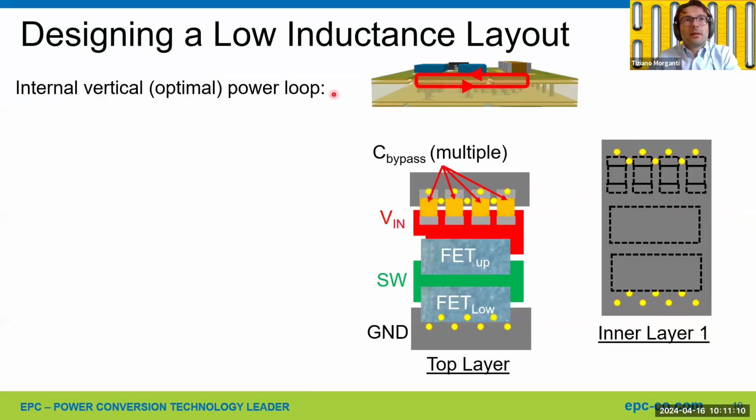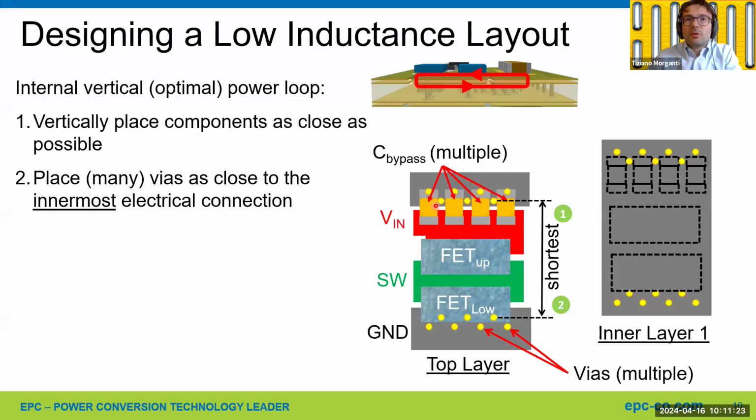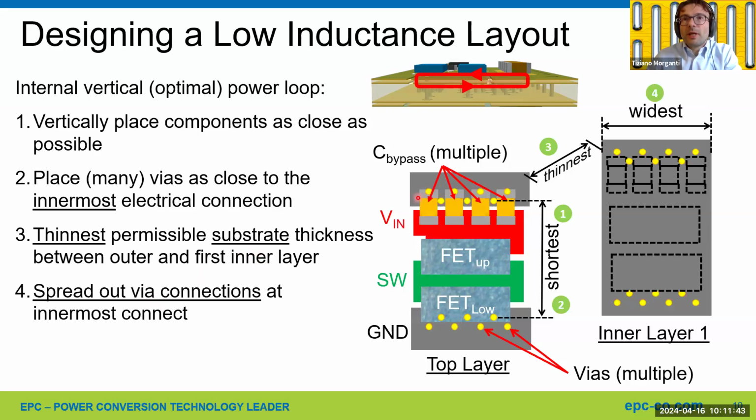So how to design this internal vertical layout? You have to place components on the same side and as close as possible to make the loop shorter. You have to use as many vias as possible to go to the inner layer for the return. The insulation between the top layer and the return layer needs to be as thin as possible. The vias need to be spread, and also the bypass capacitors.